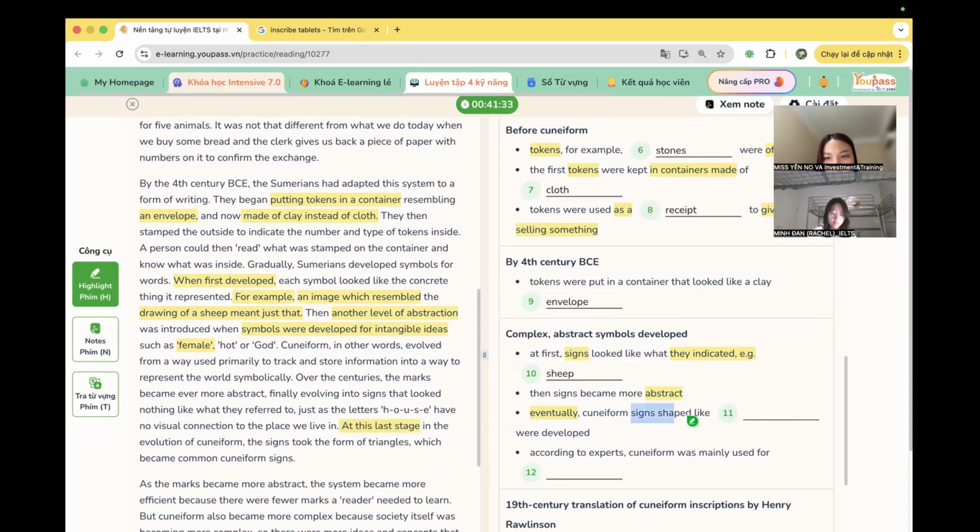Cuneiform signs' shape developed. So develop is the evolution. The signs took the form of triangles. It became a common, uniform size.